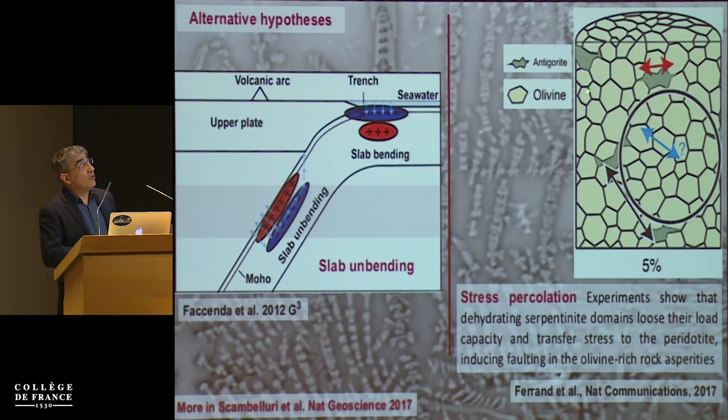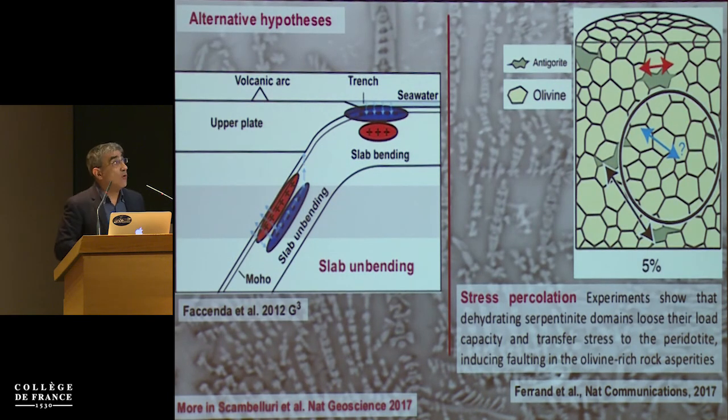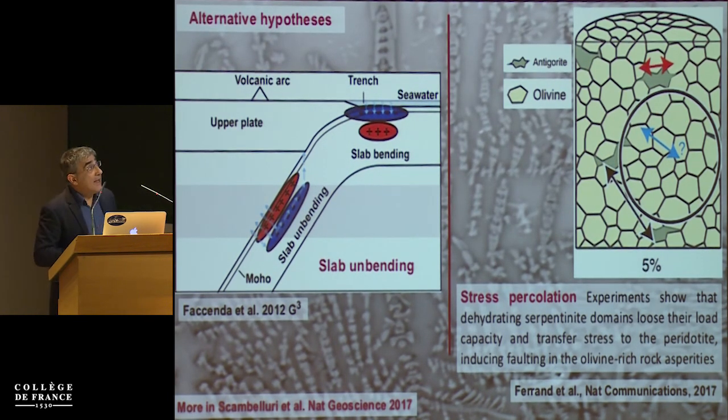And he did a nice job, in my opinion, because he said that during the dehydration of antigorite, there's a volume change, and this led to the collapse of this serpentinized domain. What is transferred from these serpentine domains to the rigid olivine asperities is the stress. The stress percolates to the olivine blocks and leads them to quake, and also in his experiment to develop a tiny bit of pseudotachylite liquid. So the results of Thomas, although on a small scale, look similar to what we observe, for instance, in Lanzo, but we still have to work a lot in order to come to these conclusions.